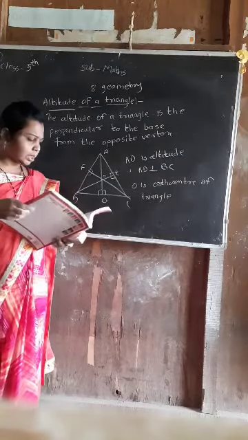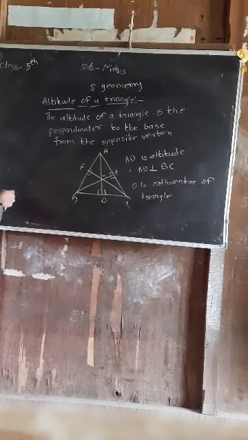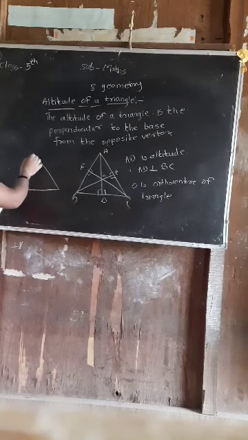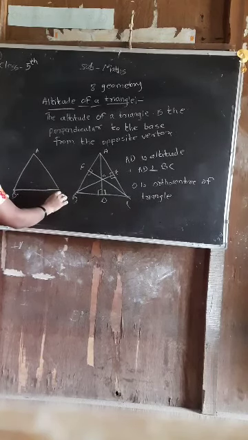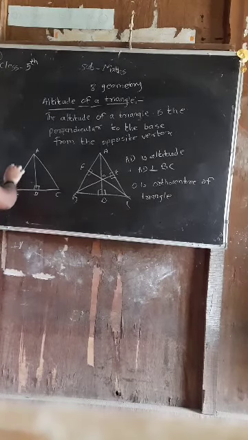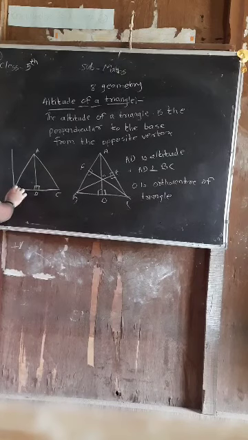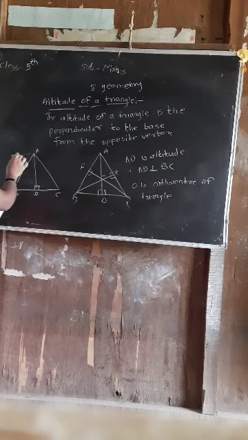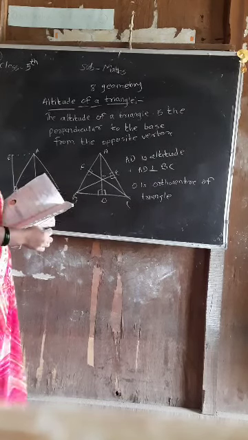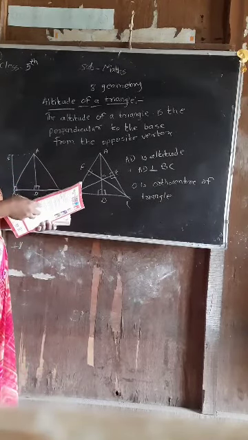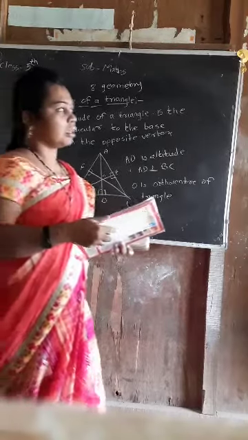We draw a triangle, and the second altitude in this way from point A. Altitude may be inside of the triangle or outside of the triangle.